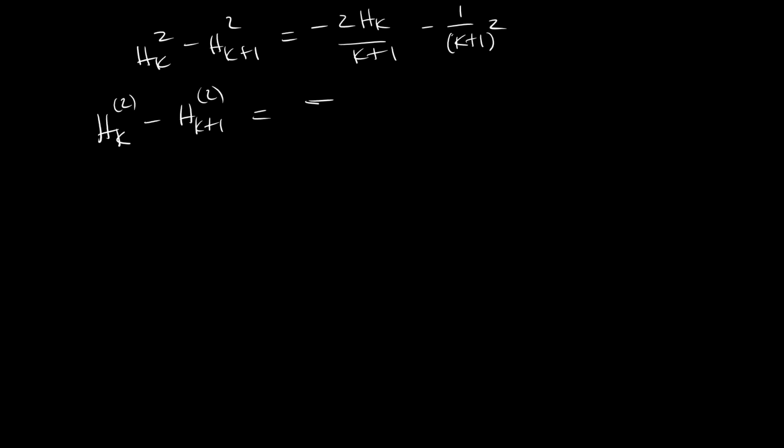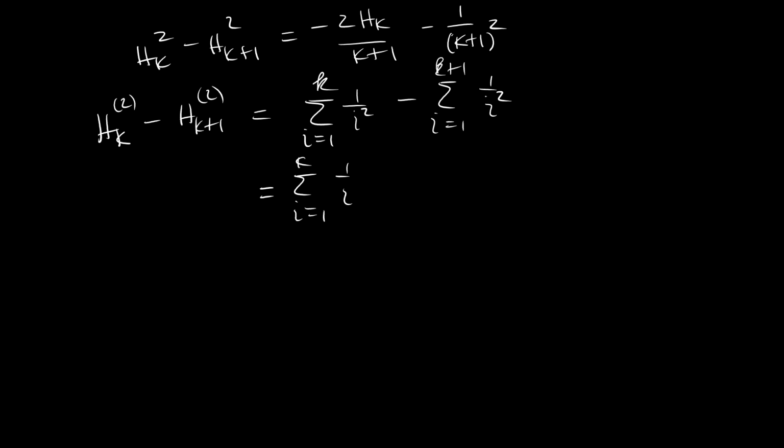That's the same as the summation from i equals 1 to k of 1 over i squared minus the summation from i equals 1 to k plus 1 of 1 over i squared.